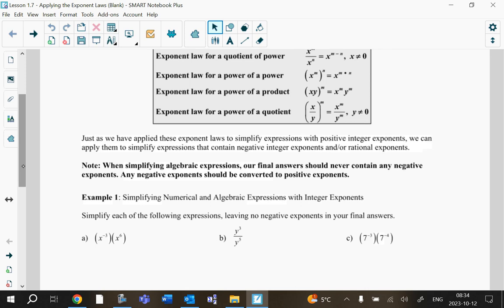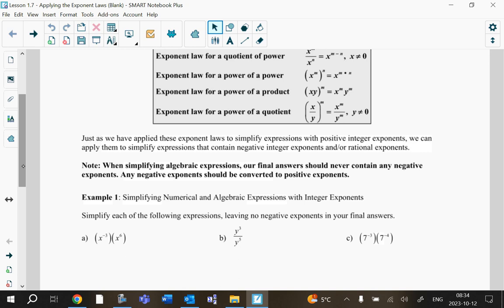But there's one thing: when we simplify expressions, our final answer cannot have negative exponents in it. If it does, we have to change those negative exponents to positive. And we know how to do that. We flip the base and make the exponent positive.